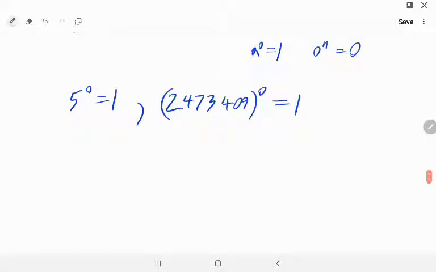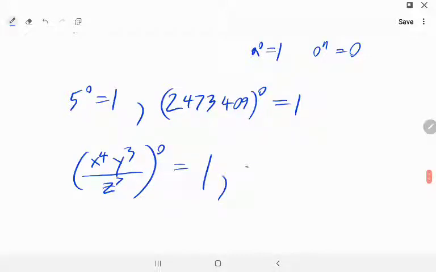We also notice this is helpful for exponential expressions. If we have x to the 4th y cubed divided by z to the 7th, all to the 0th power, again, we just get 1 as long as x, y, and z are not 0. So as long as x, y, and z are not 0, we know that expression to the 0th power has to be 1. And that if x, y, or z is 0, that causes other complications.